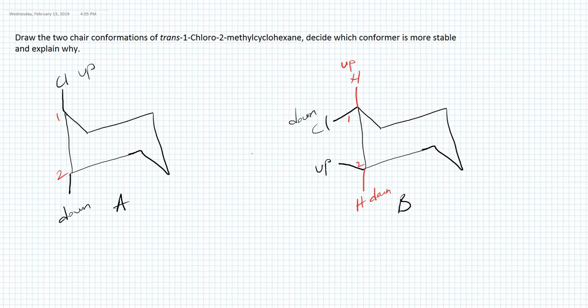As a thumb rule or general guideline, when our groups are in equatorial positions, that conformer is going to be more stable. If you look at the first conformer, we have an axial chlorine, and this axial chlorine is going to interact with the axial hydrogens facing the same face.